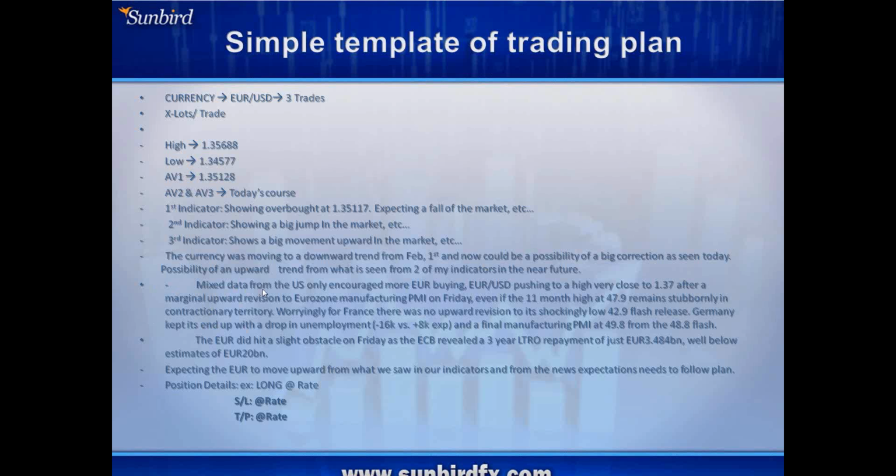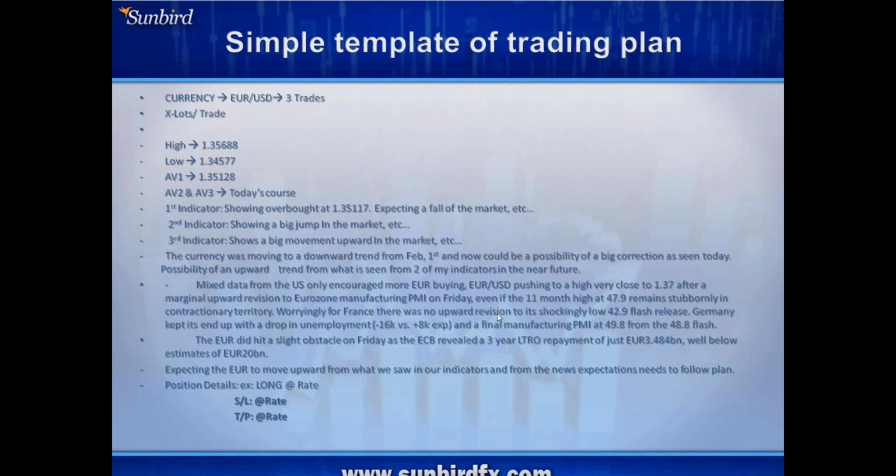Mixed data from the U.S. only encourages more euro buying, so euro will go up. Euro USD pushing to a high very close to 1.37 after marginal upward revision to Eurozone manufacturing PMI on Friday, even if the 11-month high at 47.9 remains stubbornly in contradictory territory, wondering for France, yada yada.